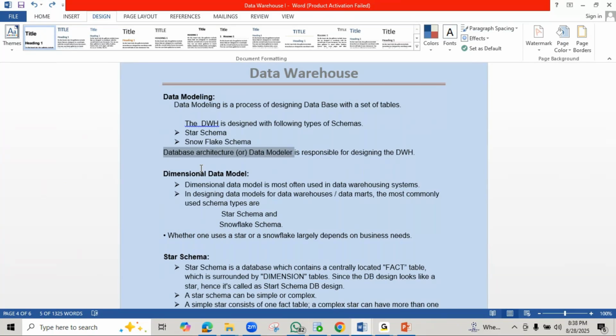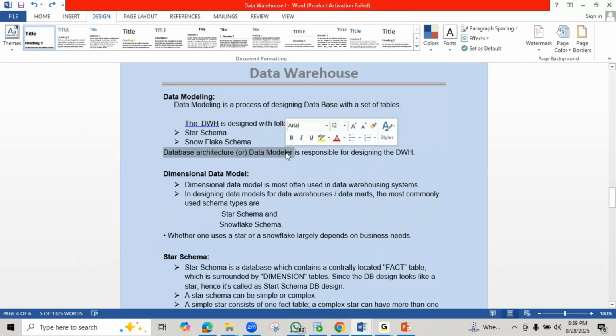If the client or anyone asks you whether you are communicating with Isha Institute using WhatsApp, that is fine. Have you ever designed WhatsApp? Then what will you say? No, I didn't design WhatsApp, I am using WhatsApp. In the same manner over here also, you are using the star schema. You didn't design it. The designing part is the responsibility of the database architect or data modeler. This is a very important topic, guys.